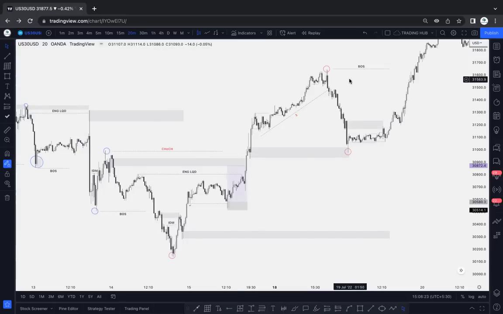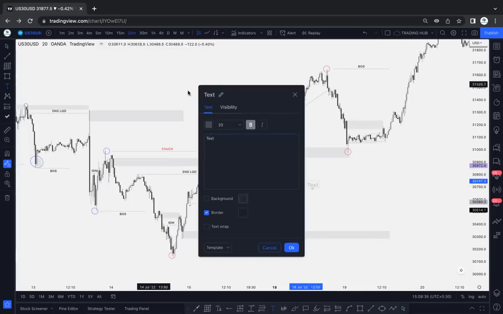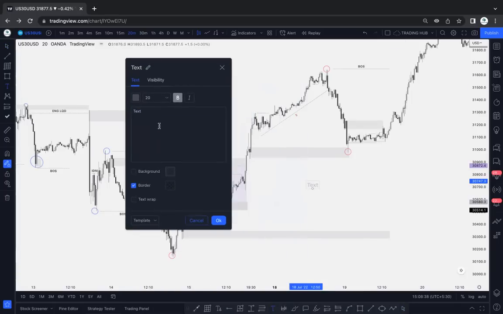So can you write this concept, please? For me, it's better to understand when I see the text. Okay, let me read.